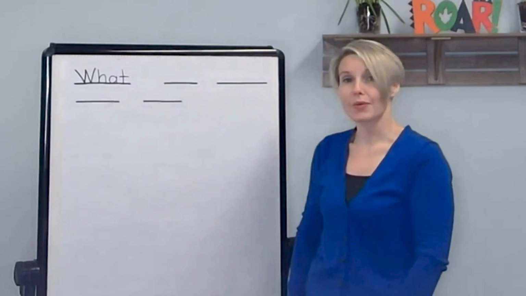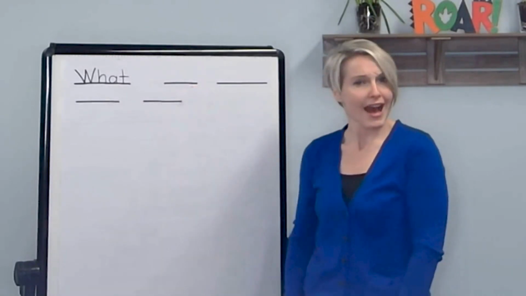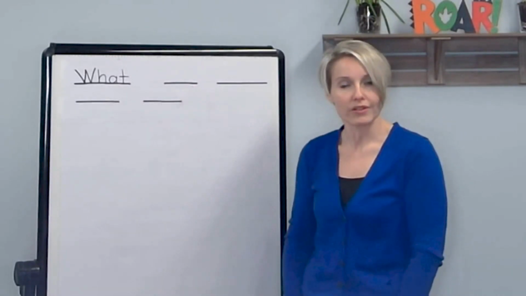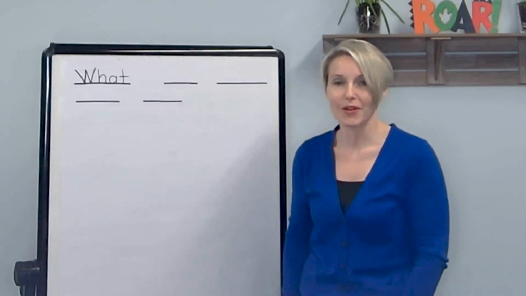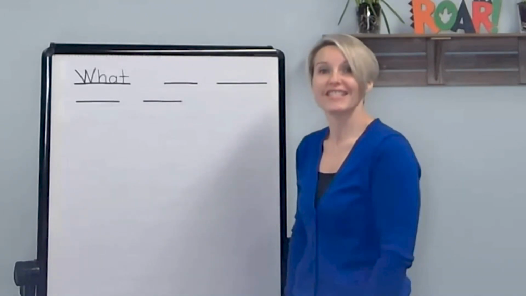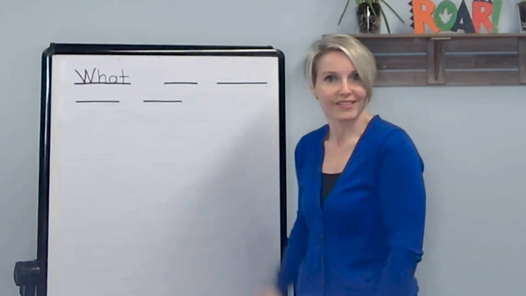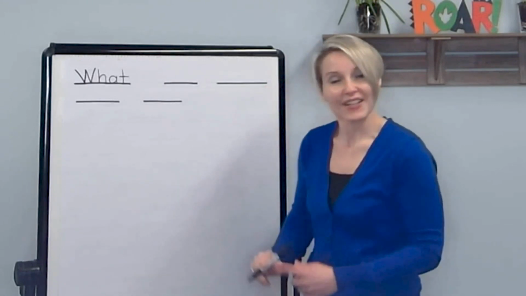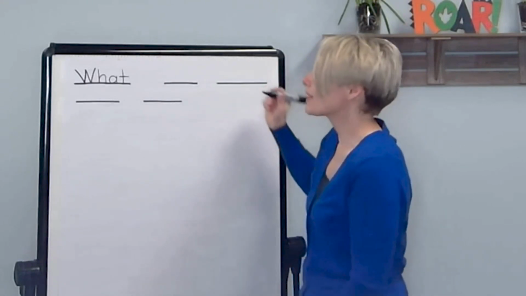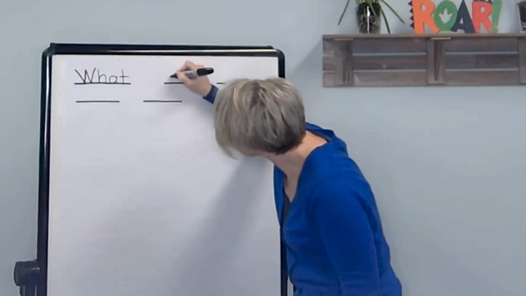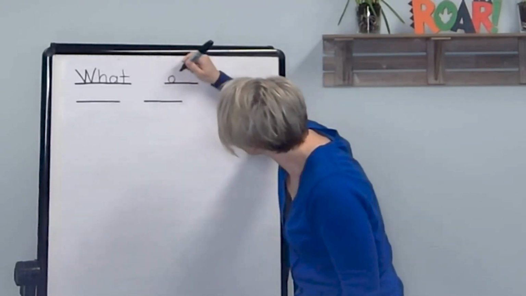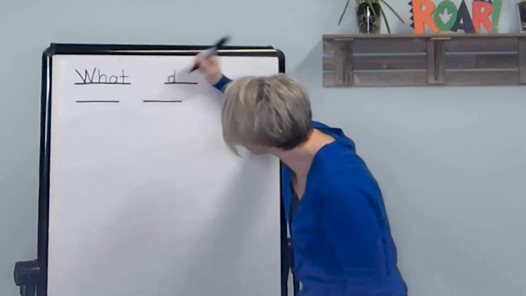The next word is the word do. How many sounds do you hear in do? D, oo. 2 sounds in the word do. The first sound is d. What letter makes that sound? D. You're right. Watch me write a lowercase d. Around like a C. Close it up and big line down.